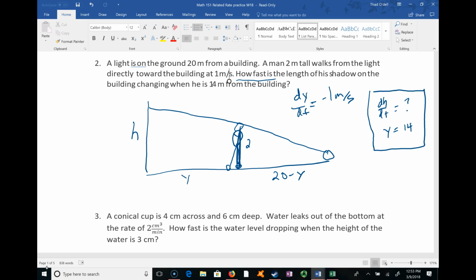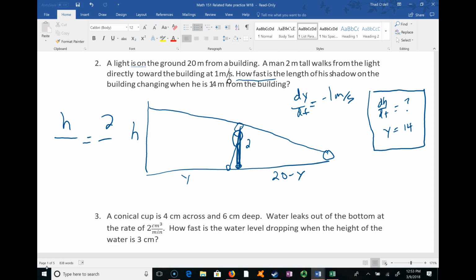So that involves y. Well, I have a right triangle, so I have the Pythagorean theorem, but I don't know anything about the hypotenuse, so that doesn't help. But I also have some similar triangles in here, right? This little triangle is similar to the big triangle. So we could set up a proportion possibly where h over, let's see, h corresponds with 2, because that's the 2 rises.